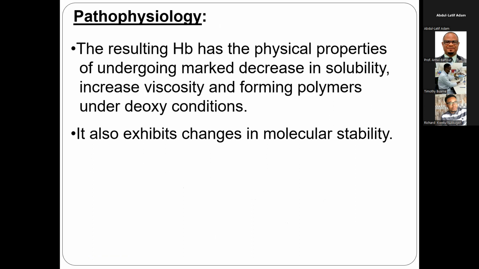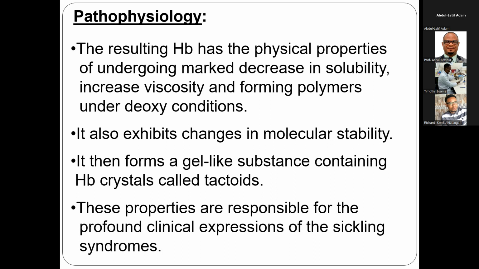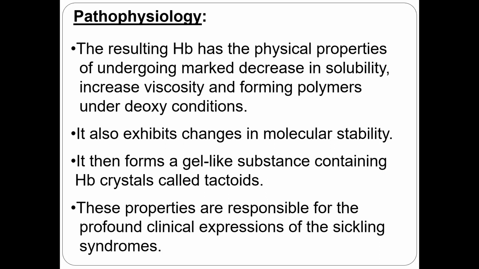So they become more viscous and form polymers under deoxygenation conditions. They also exhibit changes in molecular stability, and form a gel-like substance containing hemoglobin crystals called tactoids. These properties are responsible for the profound clinical expression of the sickling syndrome.